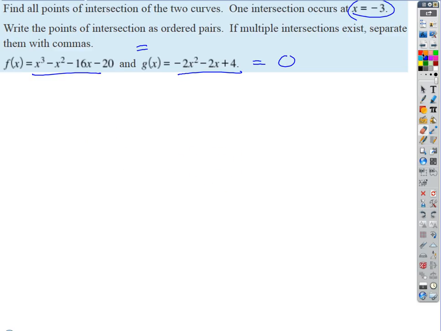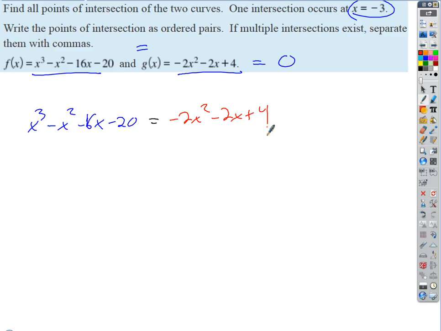So we've got this function equals this function, right? That's how we're trying to solve that equation. We want to know where f of x equals g of x, right?